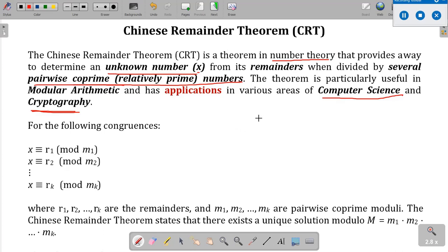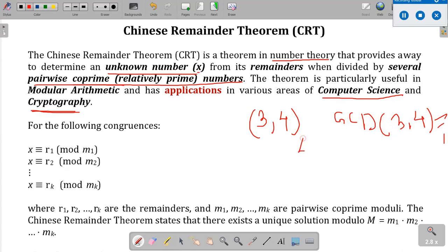Suppose there are two numbers, 3 and 4. If these numbers are co-prime, then the GCD of 3 and 4 will be 1. So if we divide 4 by 3, we get remainder 1.